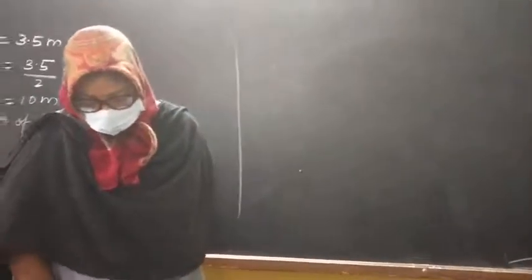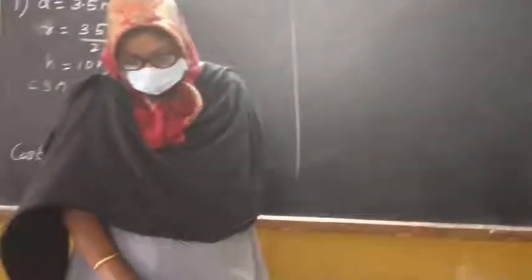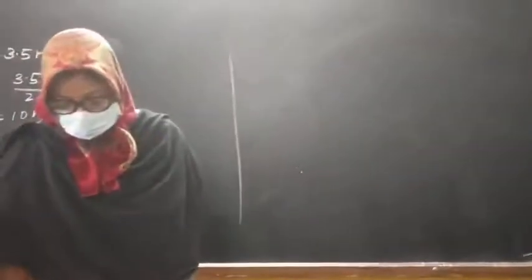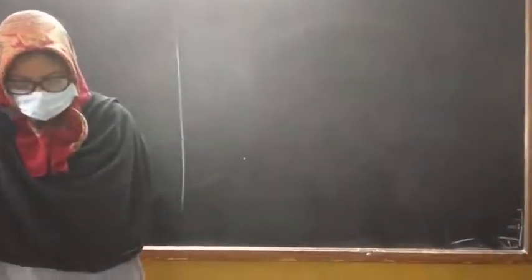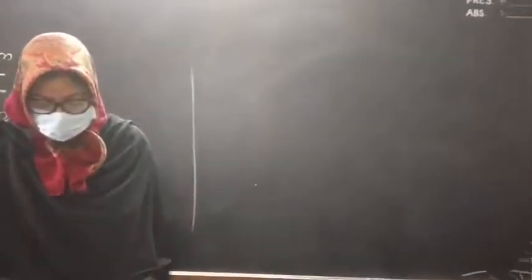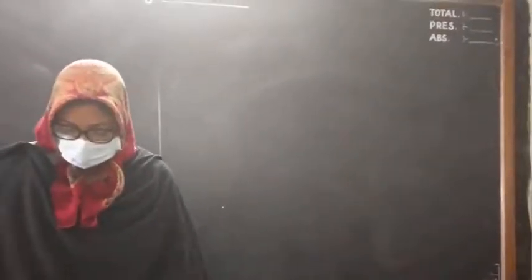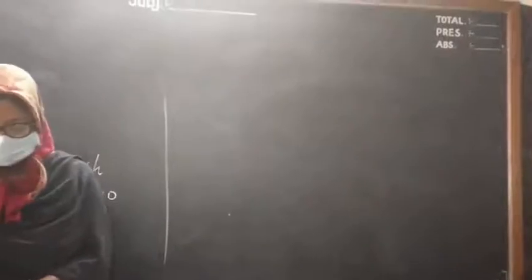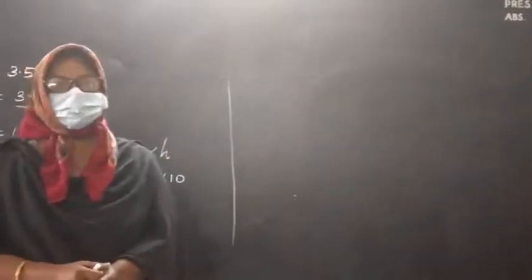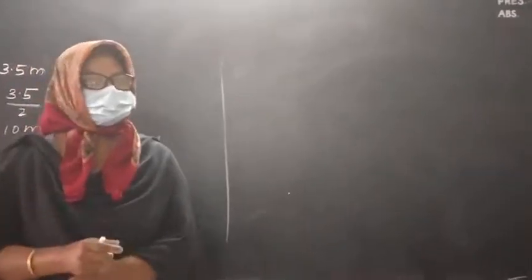In a hot water heating system, there is a cylindrical pipe of length 28 meter and diameter 5 centimeter. Find the total radiating surface of the system. So here it is a pipe. Pipe means the shape is that of a cylinder.